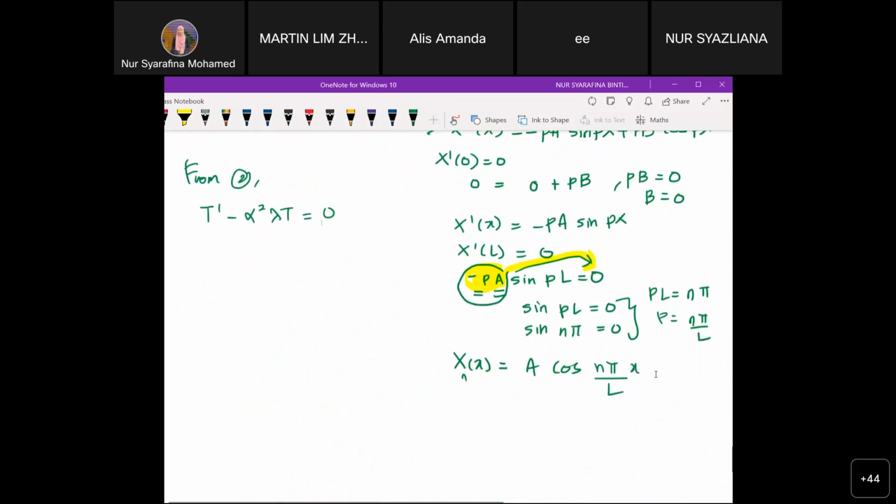So by characteristic equation, we have m minus alpha squared lambda. Sorry, lambda is what?